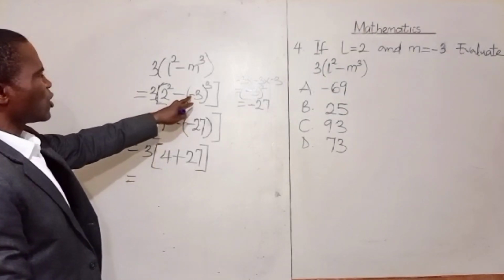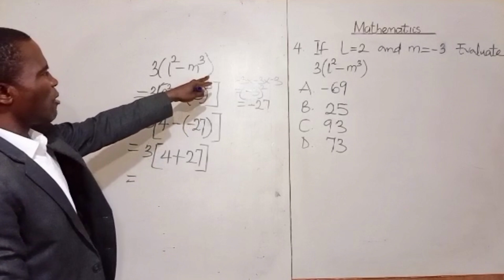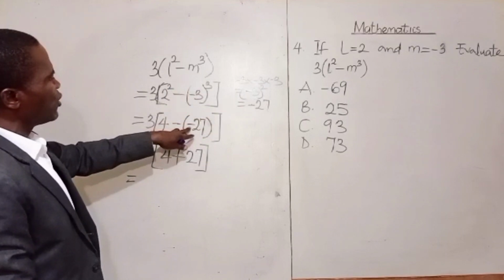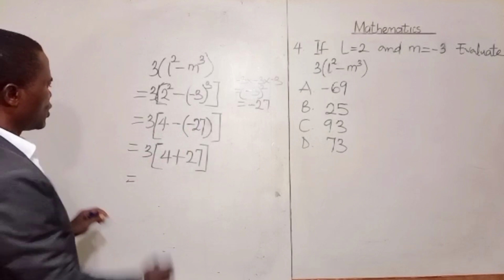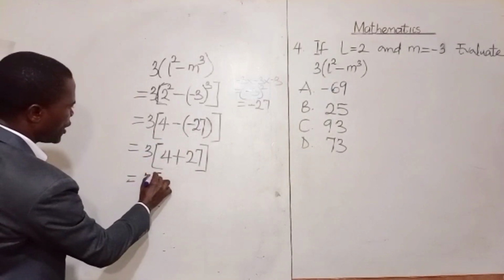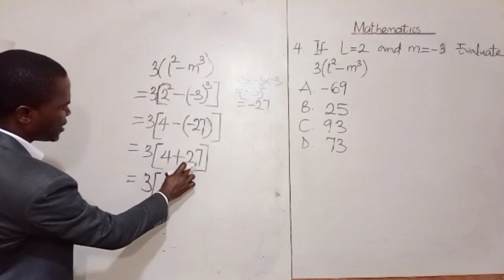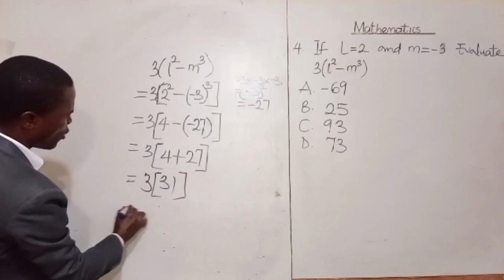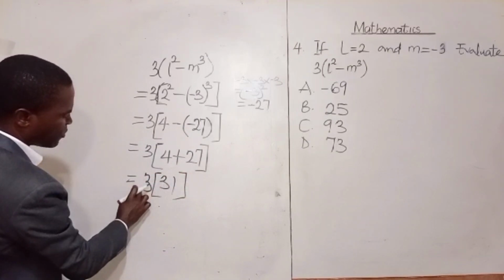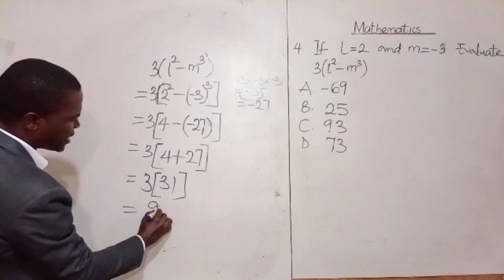The reason is because minus 3 raised to the power of 3 gives us minus 27. Then this minus times minus gives us plus. So we have 3 into 4 plus this, it will give us 31. And when we multiply 31 by 3, it gives us 93.